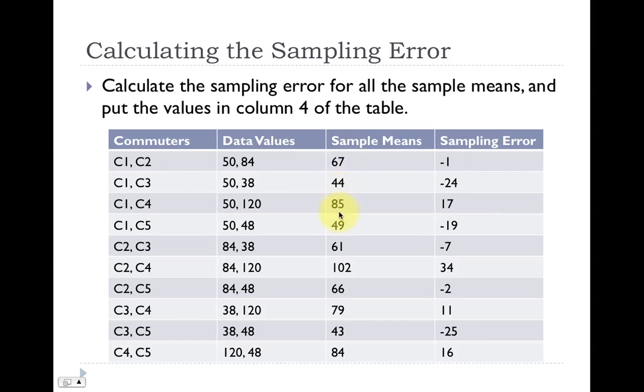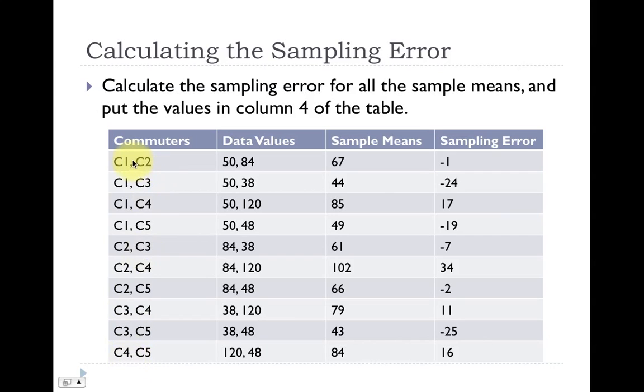Now this column, the sampling distribution of the means, could have been created from samples of size 3 or size 4, or if you're working with a big population, it can be constructed from samples of any size. But each of the possible samples has to be the same exact size.